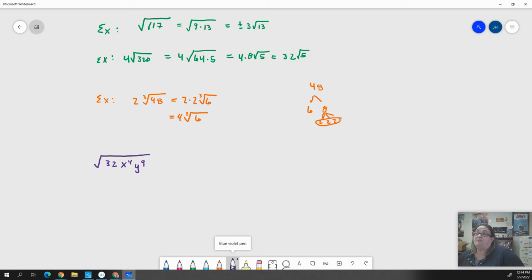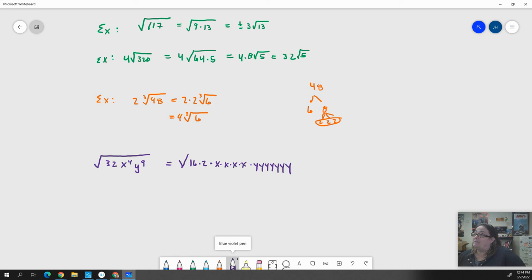It's how many pairs of something can I take out? And I could write this as, well, I've got 16 times 2, and I like breaking it down that way because 16 is a perfect square. I've got 4 x's, right? This is x times x times x times x. And this is times y times y times y times y times y times y.